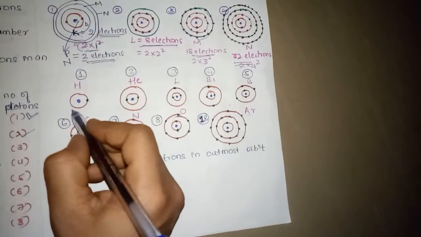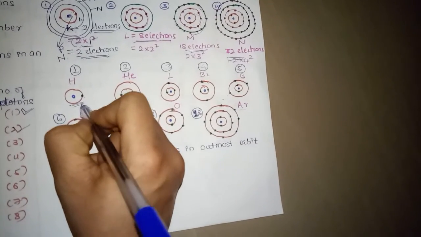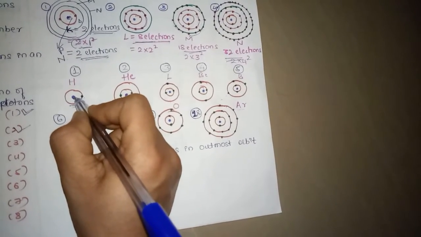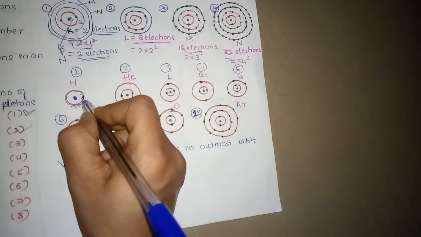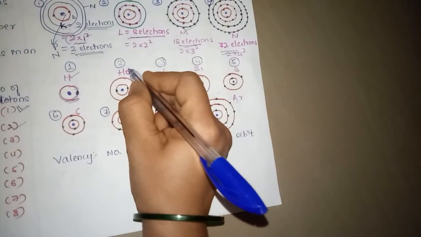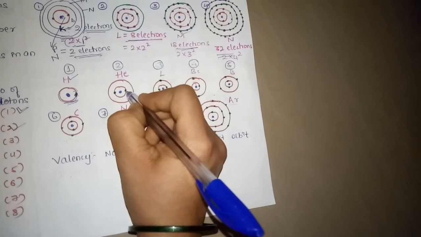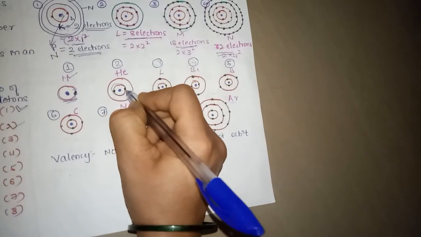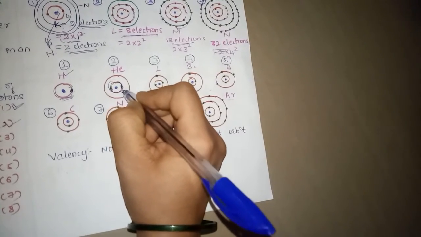Now let us see how the first element, hydrogen, has its atomic structure. It has a nucleus and an orbit which contains only 1 electron, because its atomic number is 1. Helium contains only 2 electrons, and this is the maximum number of electrons it can store in the first orbit.